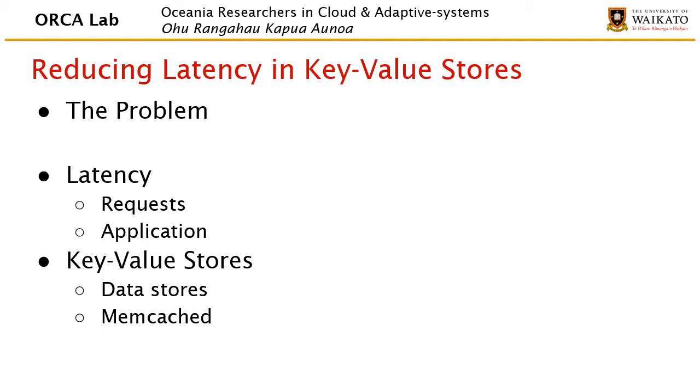Now what memcached does is it allows you to store data or information in memory, and another popular tool for that is something called Redis for other people out there.